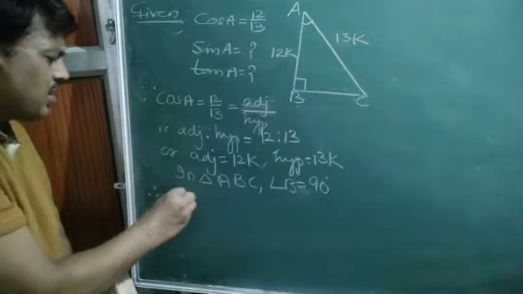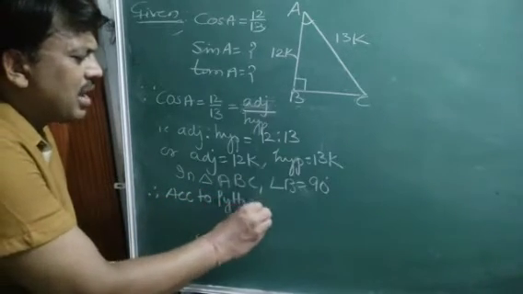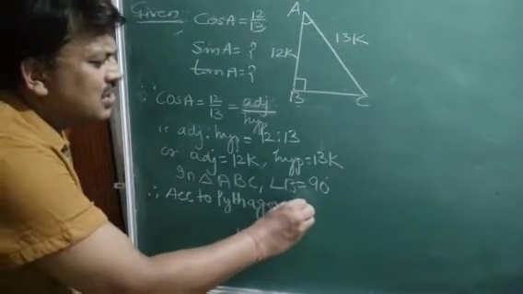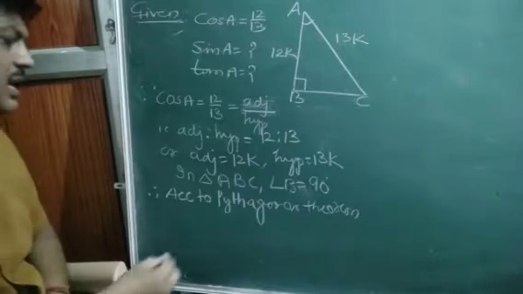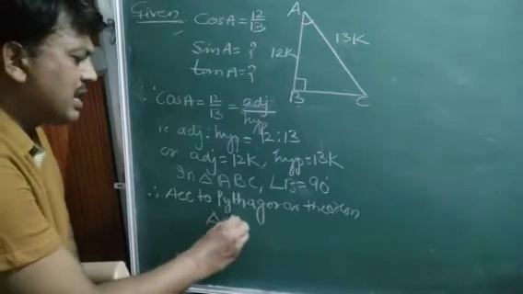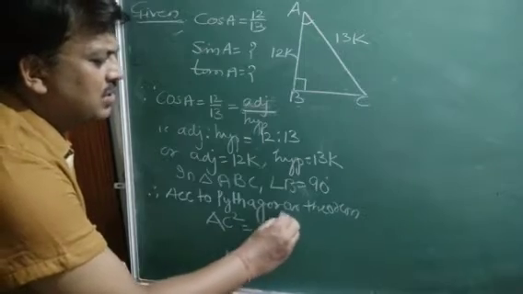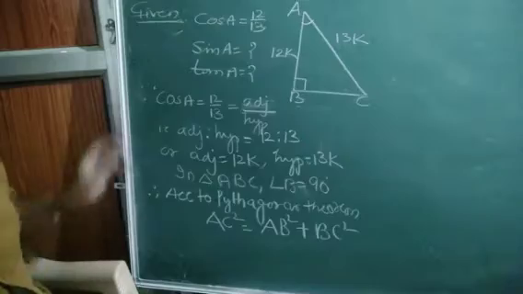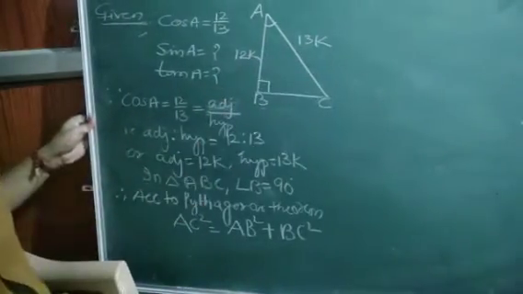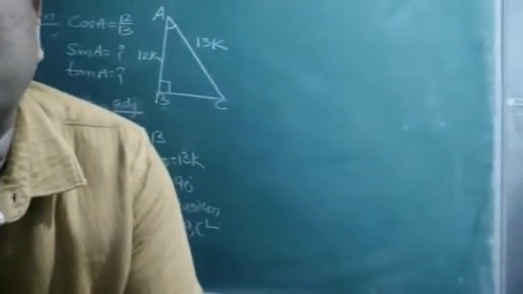Therefore, according to Pythagoras theorem, what does the Pythagoras theorem say? Hypotenuse square is equal to perpendicular square plus base square. AC square is equal to AB square plus BC square, children.